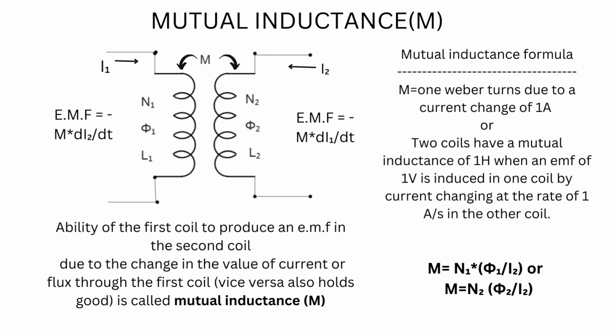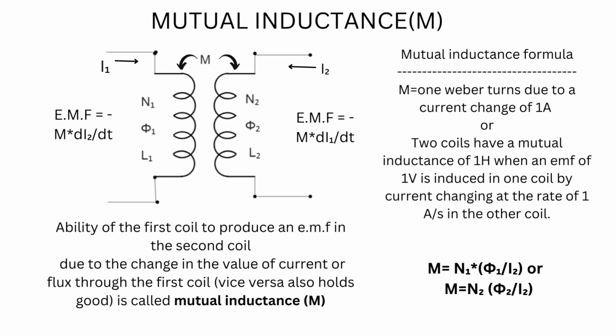So there is an induced EMF in coil 2 by coil 1, and there is an induced EMF in coil 1 by coil 2. So the mutual inductance is actually the same. The ability of the first coil to produce an EMF in the second coil due to the change in the value of current or flux of the first coil is called mutual inductance.